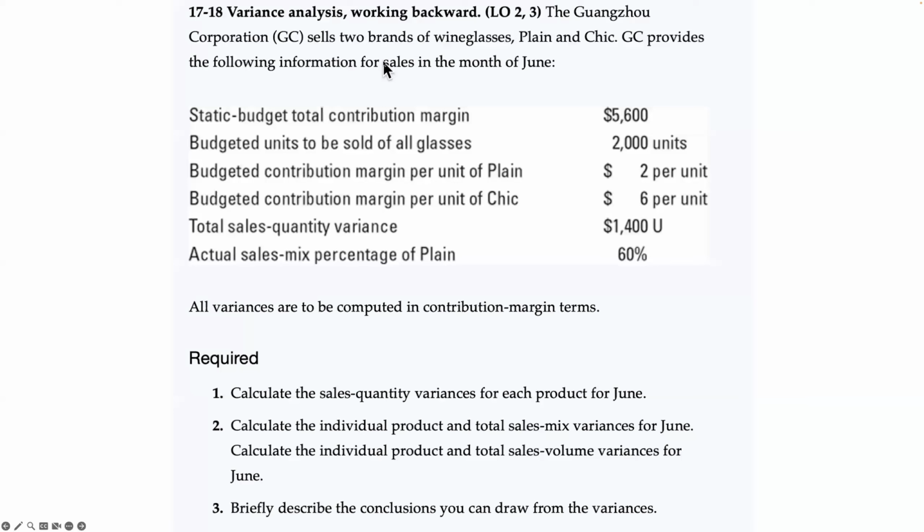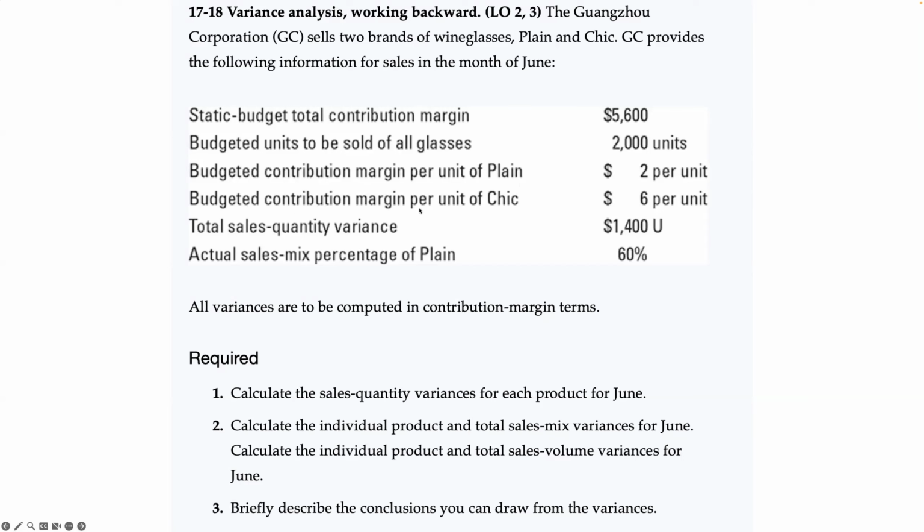So Guangzhou Corporation sells two brands of wine glasses, plain and chic. GC provides the following information for sales in the month of June. So you have a static budget total contribution of 5,600. Budgeted units to be sold of all glasses, 2,000 units. Budgeted contribution margin per unit of plain, $2 per unit.